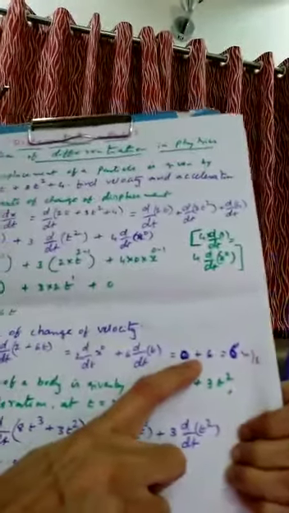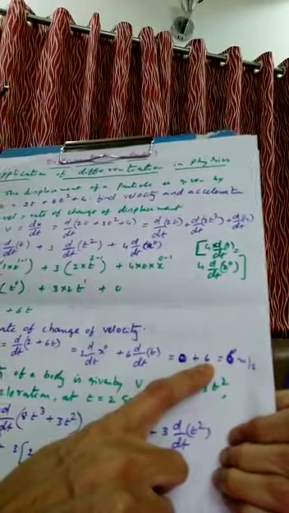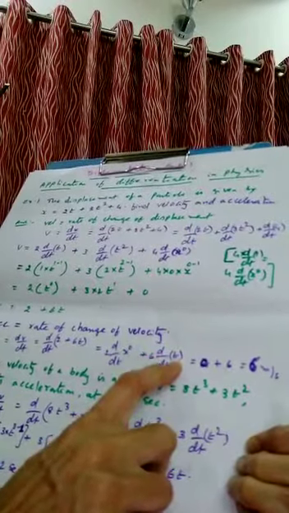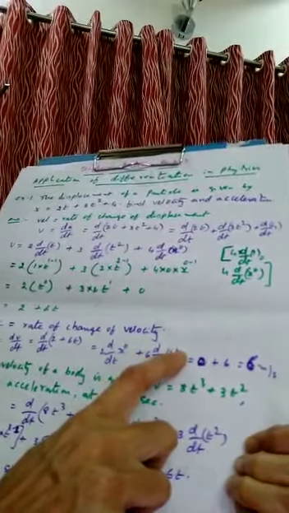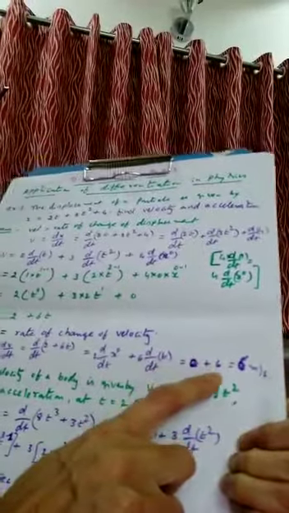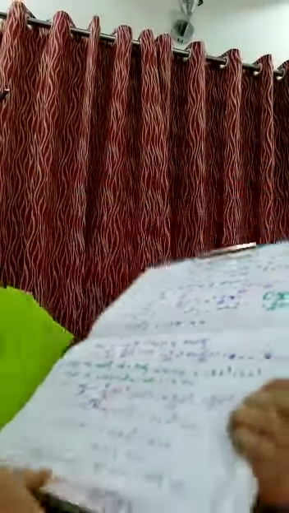So 0 plus 6. How can it be 6? t raised to 1 gives 1 into t raised to 1 minus 1, which is t raised to 0, and that is 1. So we write 6 only. So the acceleration is 6 meters per second square.